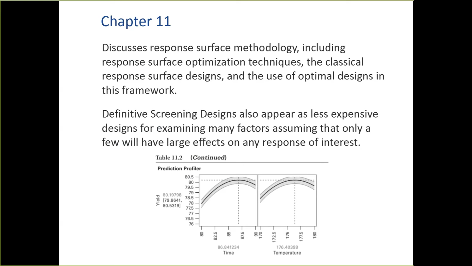We also talk about the use of optimal designs in this framework, because this is a place where very often you are unable to experiment over the entire design space.